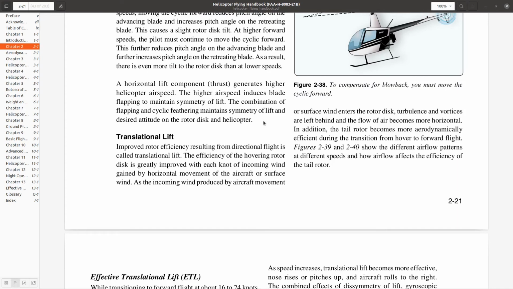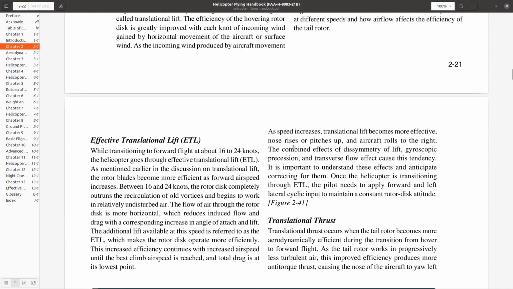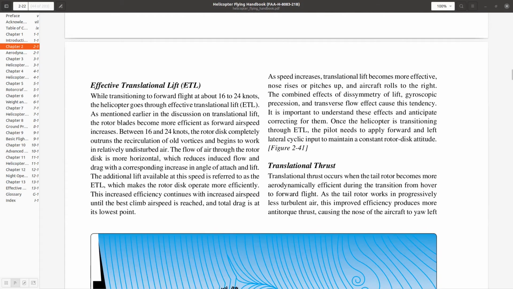So as you speed up, you get better and better lift. We call it translational lift because the air is going more horizontally through the rotor and less vertically. And we talk about ETL, effective translational lift. So that's a speed.